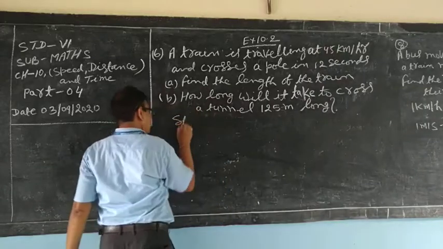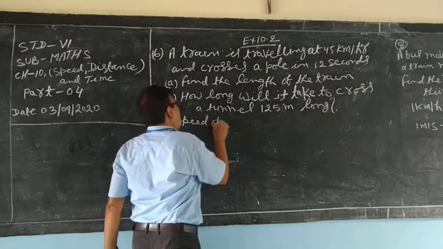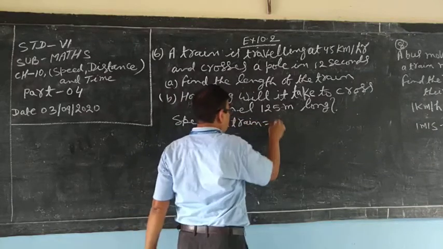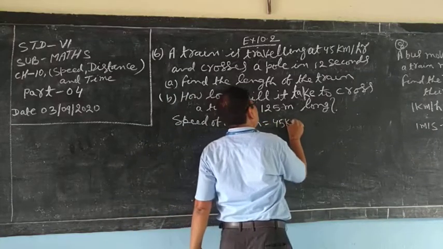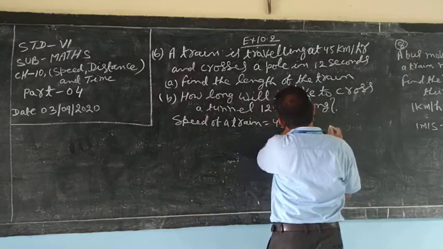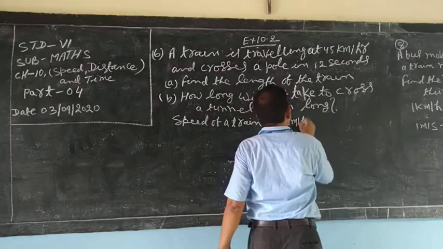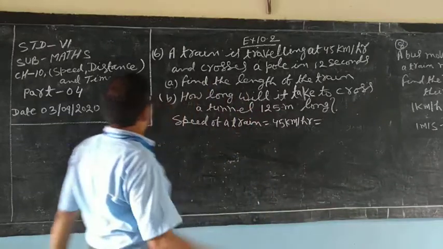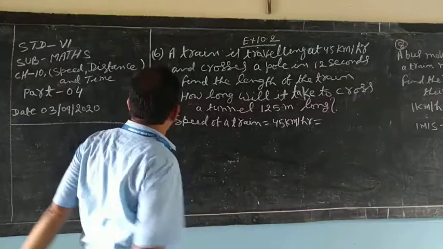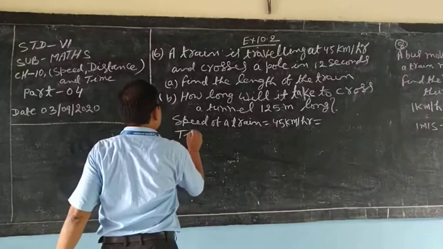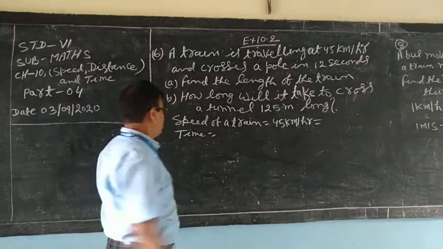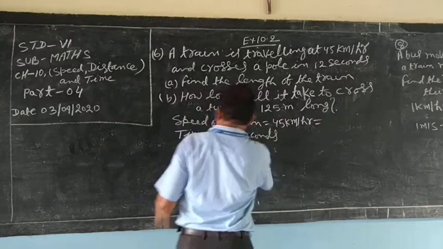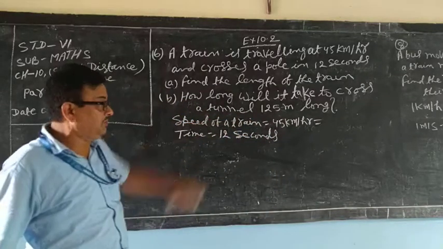Speed of a train is equal to 45 kilometer per hour. Time is given, 12 seconds. Now this 45 kilometer per hour, change into meter per second.